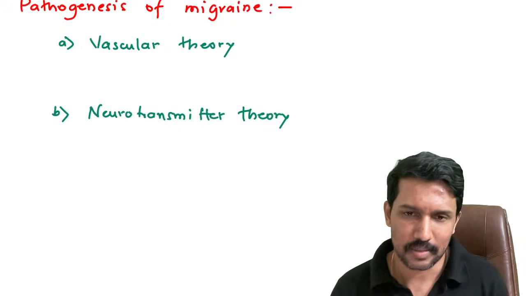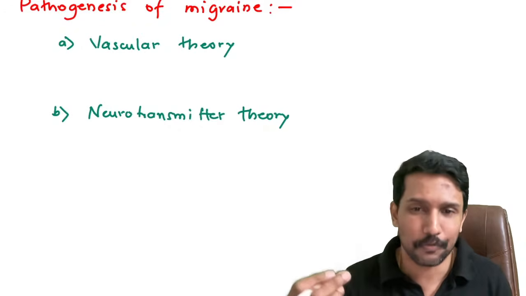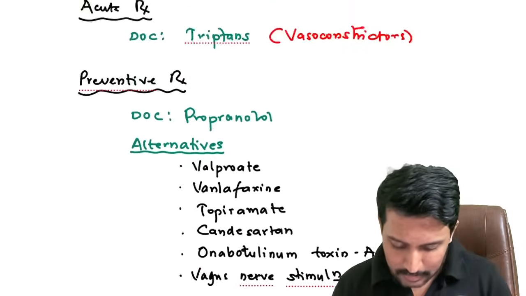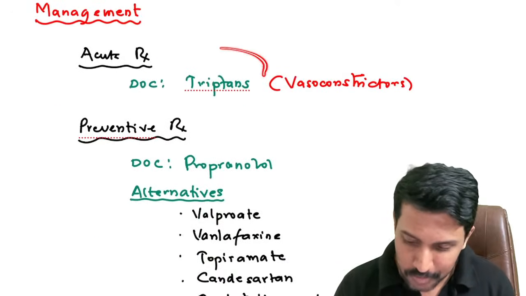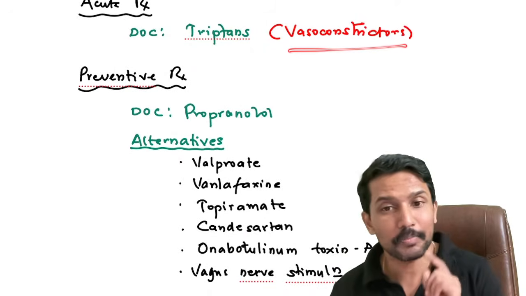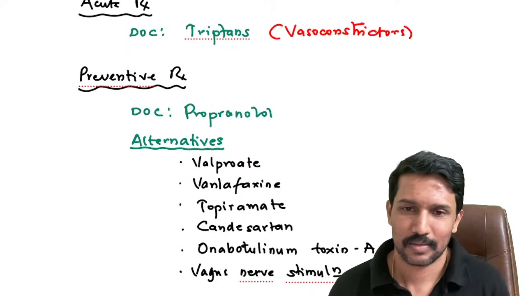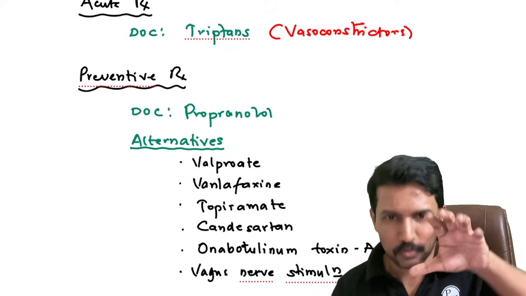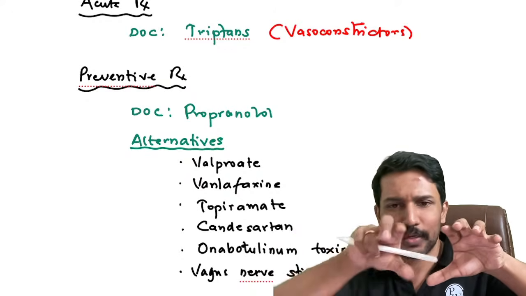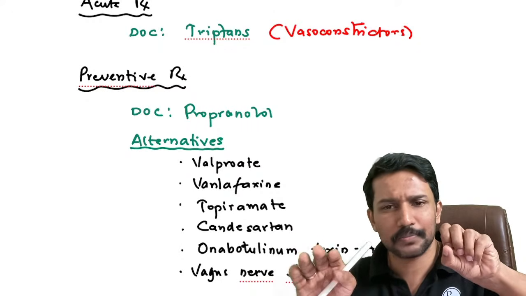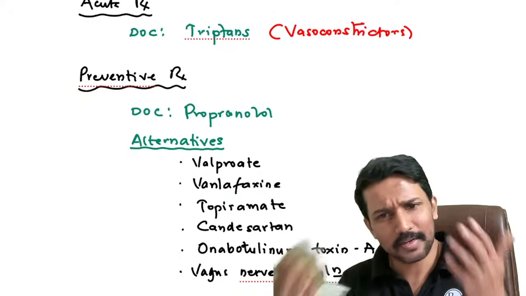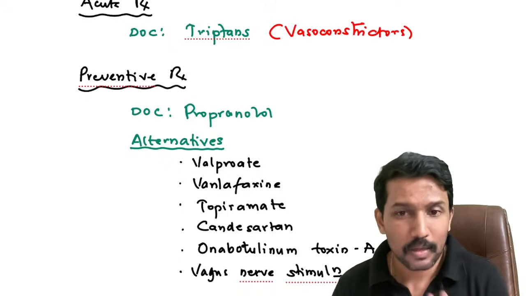So what the vascular theory said is vasodilatation is the reason for the headache. And to support that theory, the response to triptans is very important, because if I give triptans, which are vasoconstrictors, the headache gets relieved. So vasodilatation is causing the headache. Give a vasoconstrictor, constrict the blood vessel, blood flow to the affected part of the brain comes down, the headache comes down. Makes sense.